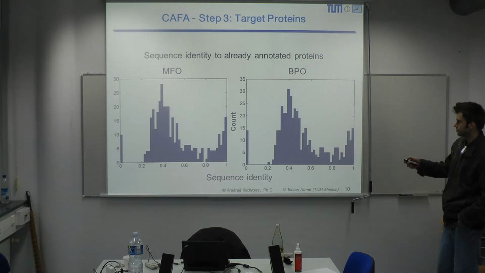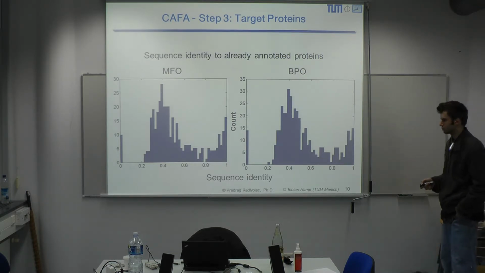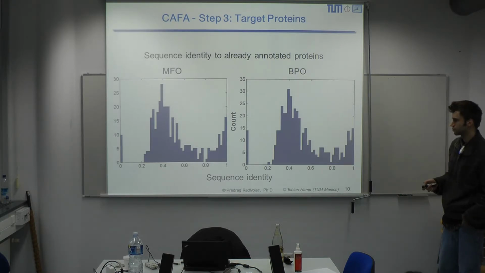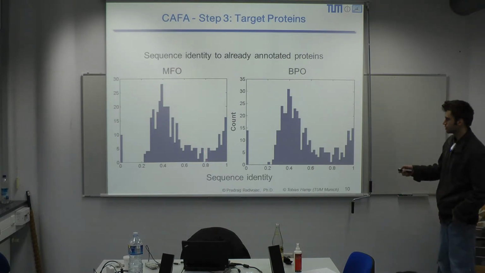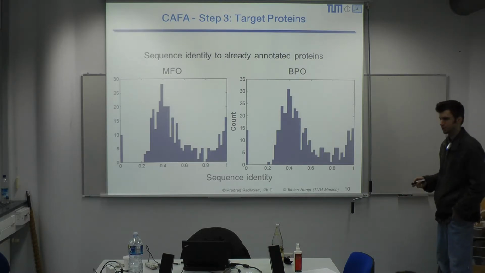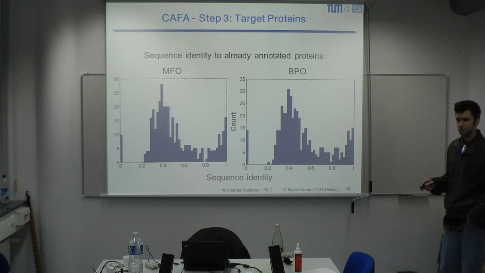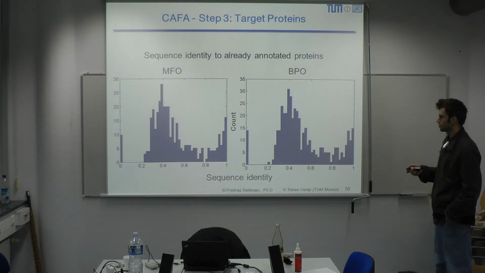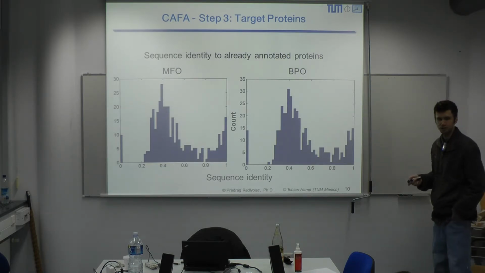This part here is actually a rather natural distribution. So you would get this sort of distribution for all the sequences that are not annotated. This part on the right here is rather artificial. This comes from the fact that even experimentalists like to investigate proteins that are similar to the ones that have already been studied.